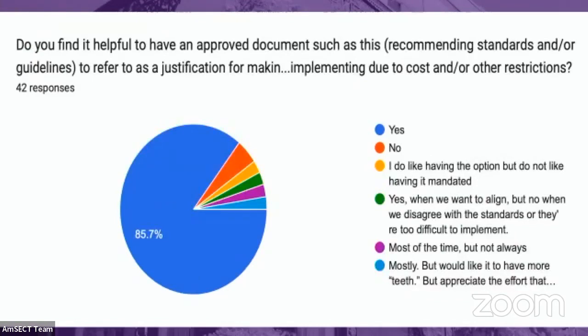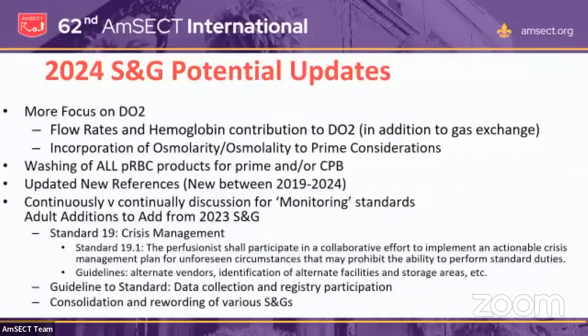Did you find it helpful to have an approved document such as this to refer to as a justification for making and implementing changes due to costs and or other restrictions? And 85.7% said yes. So the standards and guidelines are helping institutions get what they need when they need it, and they have this document to support.